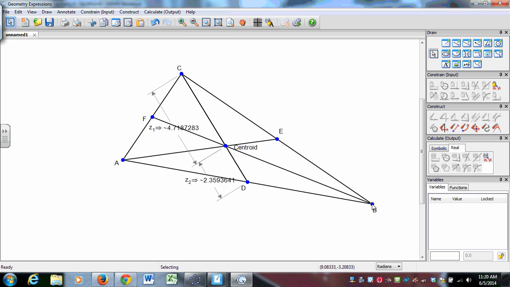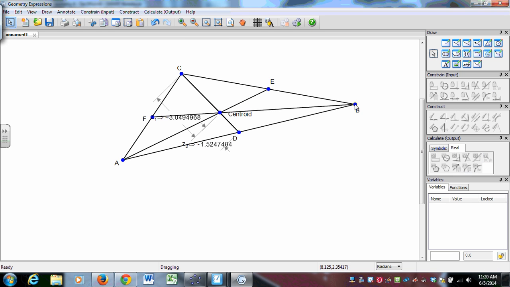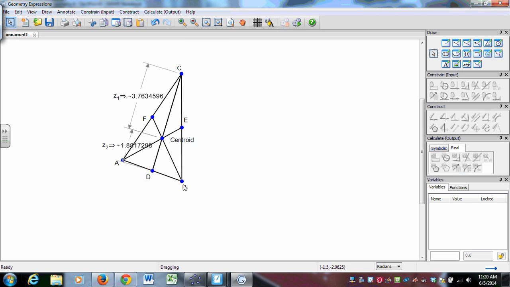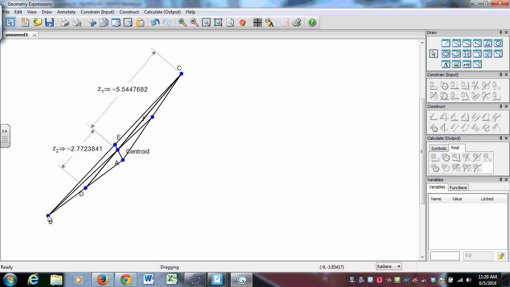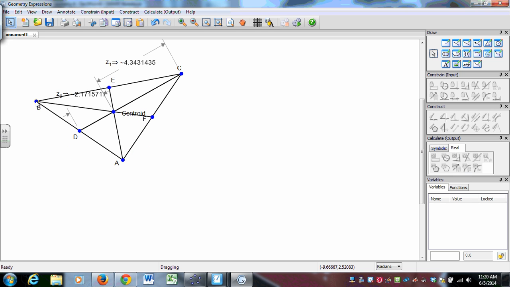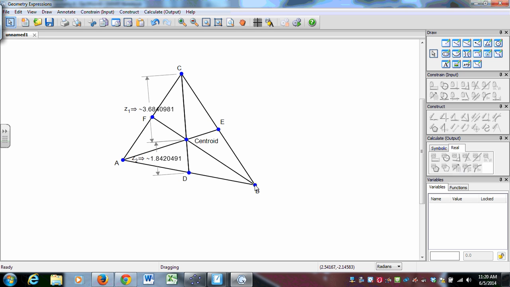And it's about 2 to 1 no matter where I put the triangle. And there's nothing special about picking vertex C. I could have done this from any of the vertices. And so we see, at least in a not quite rigorous way, but at least intuitively, that the centroid divides a median into a 2 to 1 ratio.